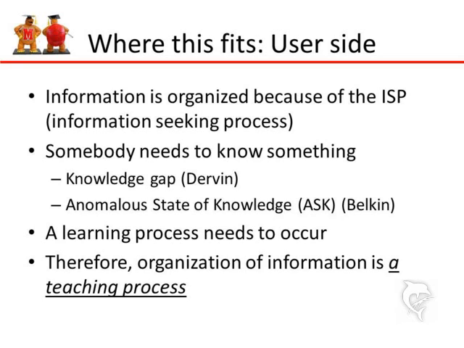What Belkin is saying with the ASK hypothesis is that when we do have this knowledge gap or an information need, as we hear about from all sorts of theorists like Wilson and Taylor and Dervin, what's going on is that we have an anomalous state of knowledge, and the problem is that we don't know enough about this thing that we don't know to be able to capably articulate our information need to an information system.